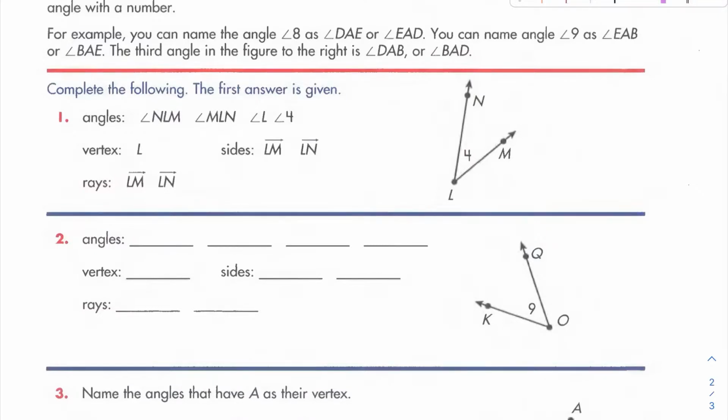The vertex of this angle is point L. The sides of this angle are ray, make sure you use the correct symbol for ray there, ray LM and ray LN. Those are the sides of this angle. The rays should be the same thing as the sides, which is ray LM and ray LN again. Go ahead and complete number 2.